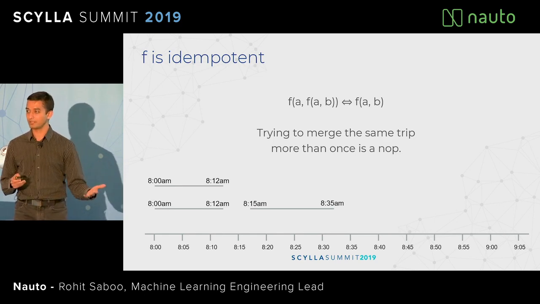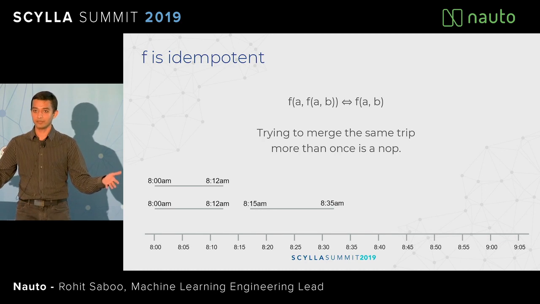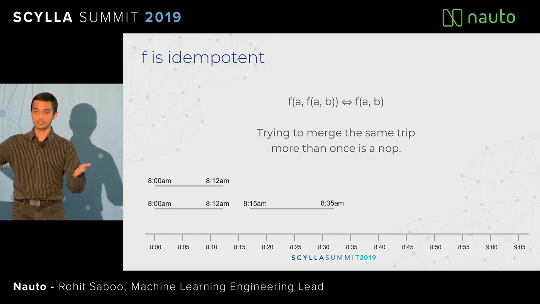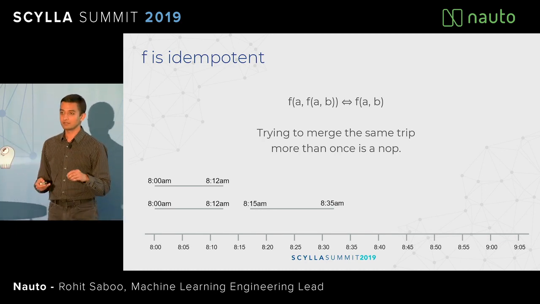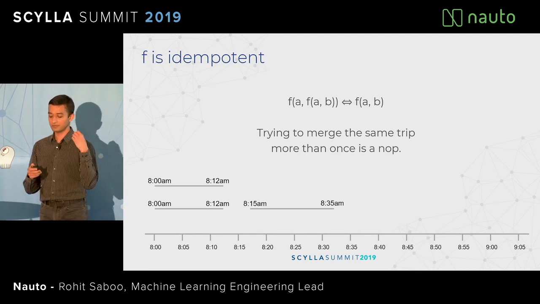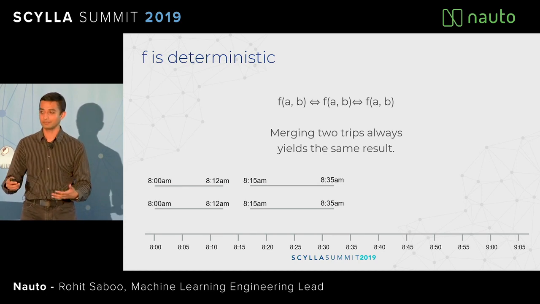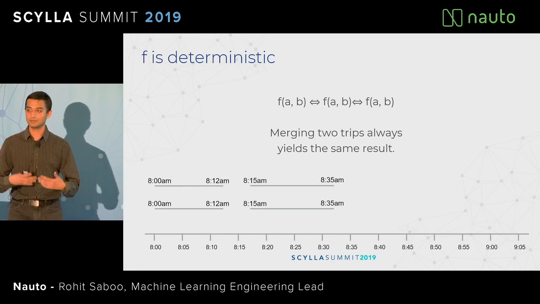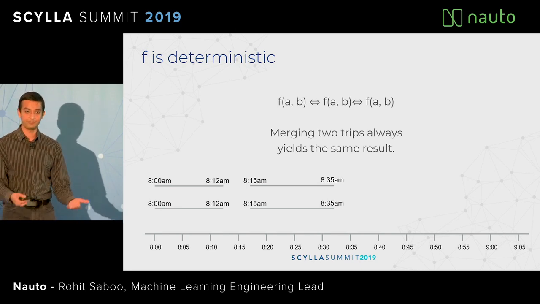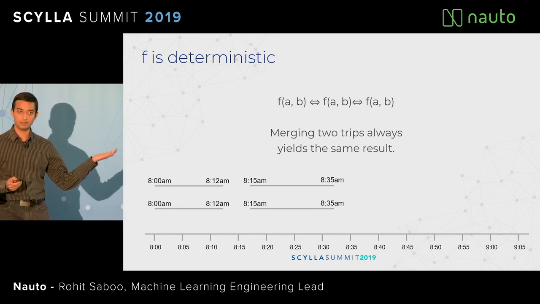What happens when I merge all of these things? I should still have the same trip, 8 a.m. to 8:35 a.m. And so in this case, F is idempotent. Finally, it doesn't matter how many times you run this function on the same set of inputs, your output is going to be the same. If I merge trips again and again, I'll get the same merged trip. So F is deterministic.